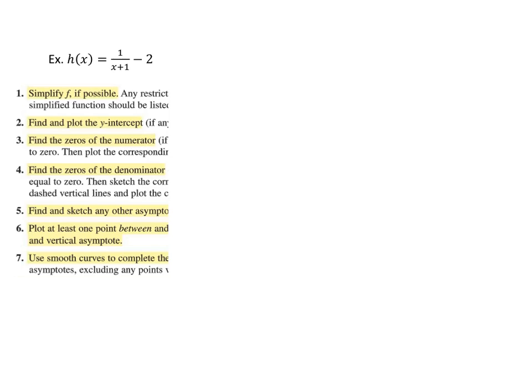Okay, another one, but this one has a number being subtracted outside the fraction. When I simplify, I want to get this as a common denominator. So I'm going to multiply that 2 by x plus 1 over x plus 1. Now I'm going to have 1, and I'm distributing a negative 2, so minus 2x minus 2 over x plus 1.